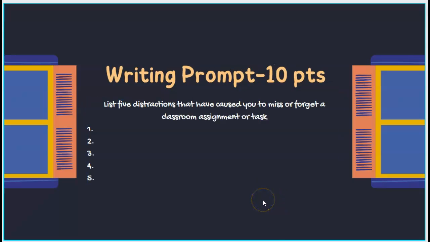We also have another prompt about distractions: list some distractions that have caused you to miss or forget some of your assignments. It helps them be aware of, hey, there are some things that I'm missing here, and maybe I could get more done if I wasn't distracted. So it's all designed to get the learner thinking and writing down their thoughts and ideas.